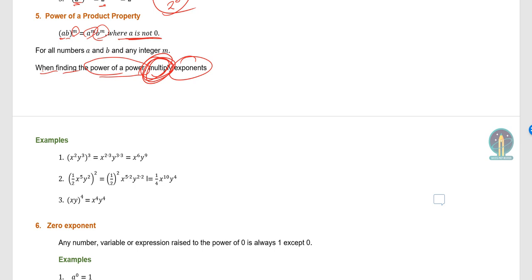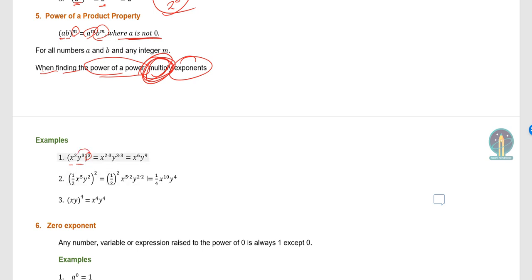So power of a product. So we have a product, x squared and y cubed, right? This is a product, x squared times y cubed. So the whole thing is raised to the third power. So what do we do? We distribute this exponent to the x squared and the y cubed by multiplying it with these existing exponents.